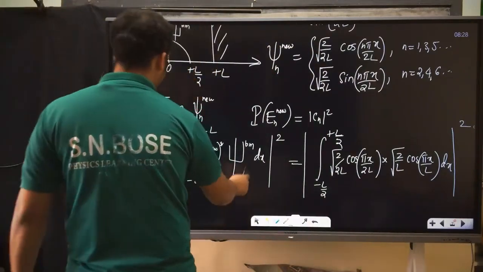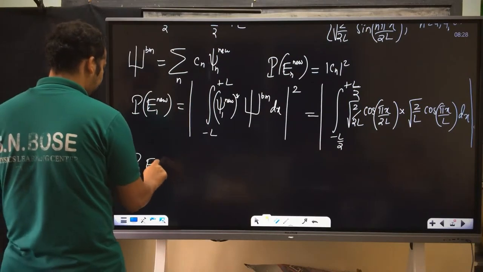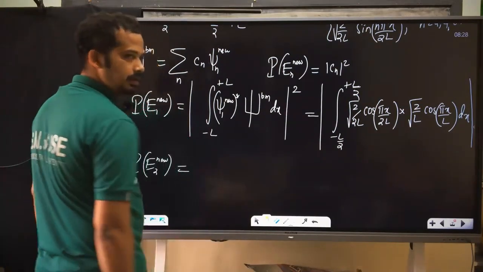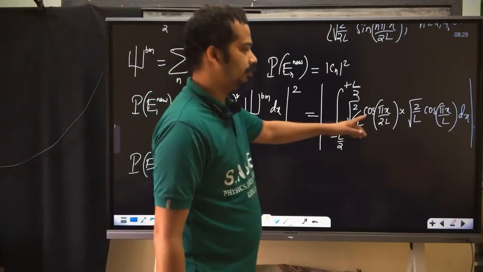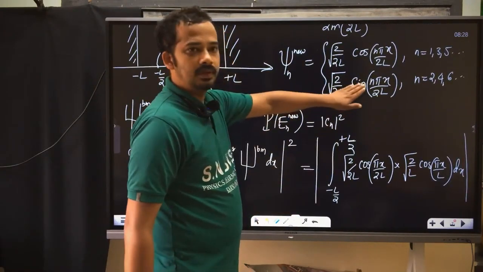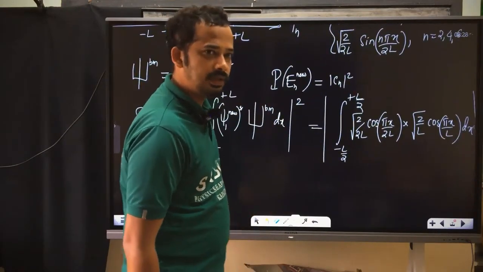Now let me ask one more question. What is the probability of getting E2 nu? What will it be? It involves psi 2 nu, which is a sine. What is that integral?